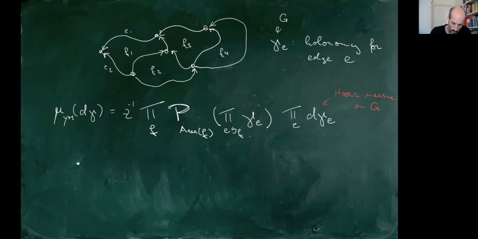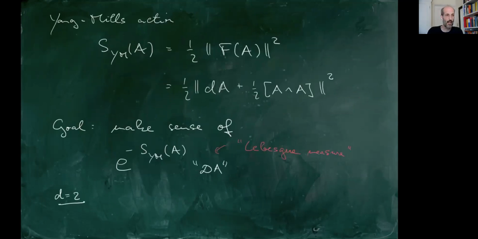So it has two properties. The first one is that it is invariant under the action of the gauge group. But then, more importantly, if you think of these loops as being very small, then this measure does really look like that.